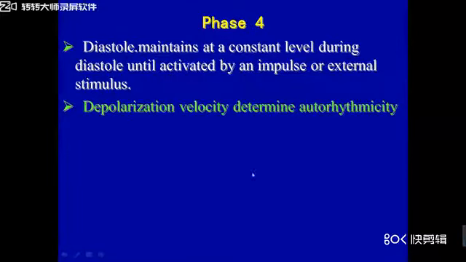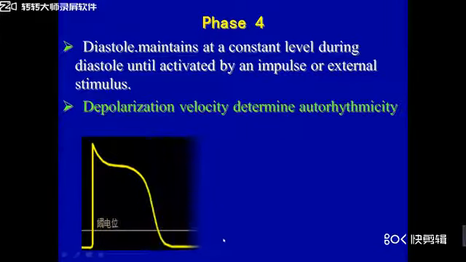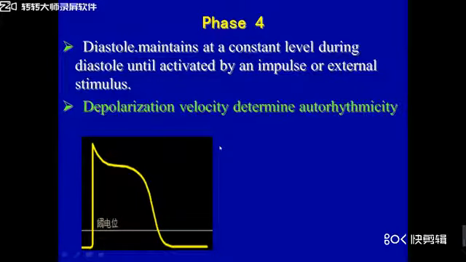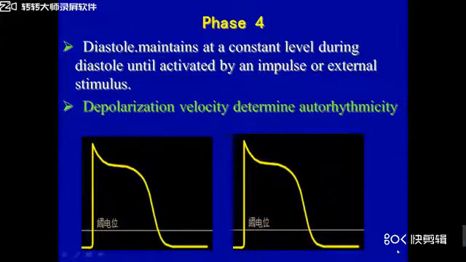The last phase, phase 4, maintains a constant level during diastole until activated by an external impulse. So that means autorhythmicity. What is the meaning of autorhythmicity? It means one action potential, then an external stimulus, then another heart rate.